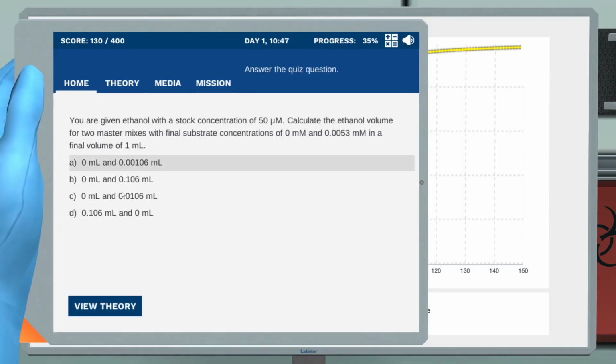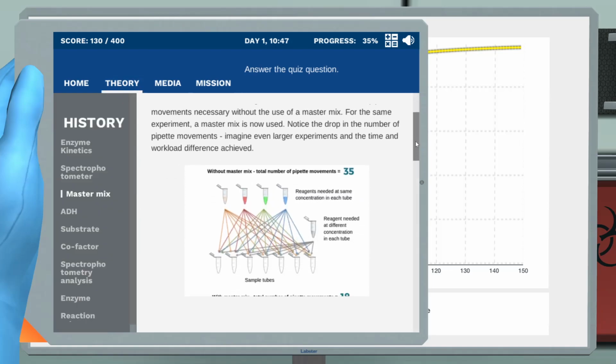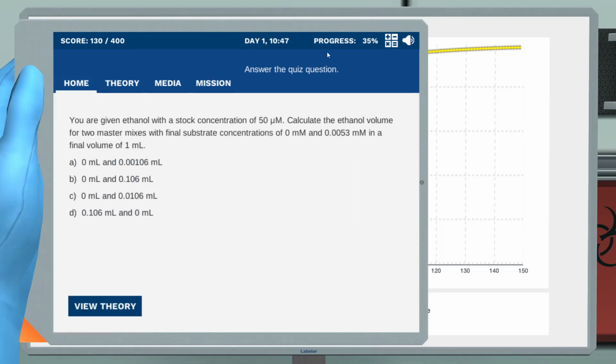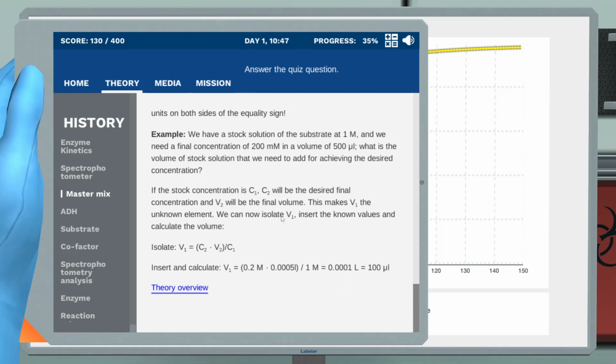You are given ethanol with a stock concentration of 50 micromole. Calculate the ethanol volume for two master mixes with final substrate concentrations of 0 millimole and 0.0053 millimole in a final volume of 1 milliliter.